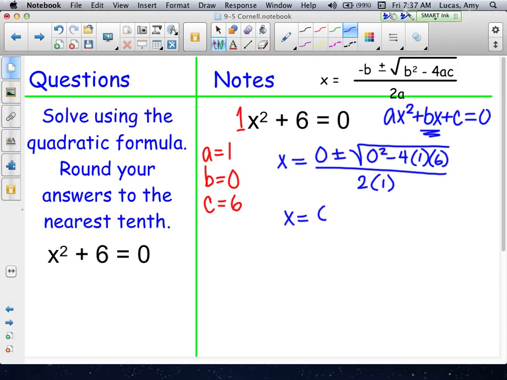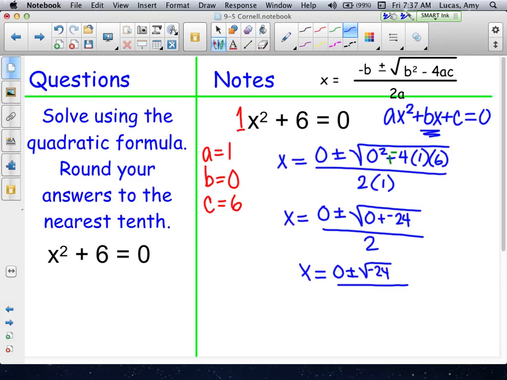So for this one, underneath that square root, 0 squared plus negative 4 times 1 times negative 6, that would be negative 24. So 0 plus negative 24 is negative 24.